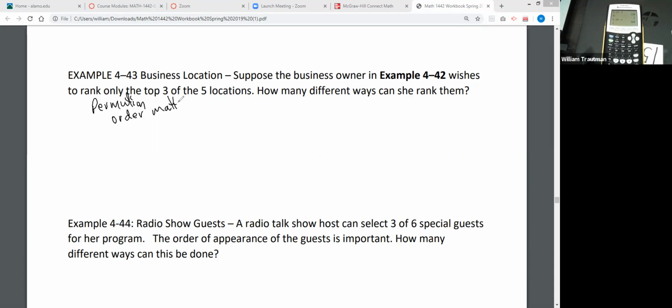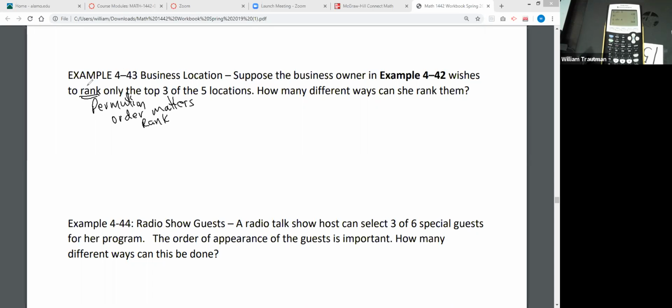When you rank something, it's important to be ranked. It matters: first place, second place, third place. When you rank something, the order matters, the order that you put things in.